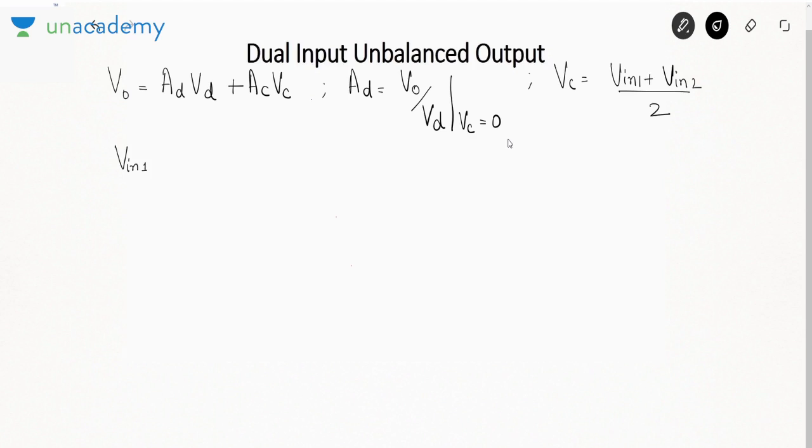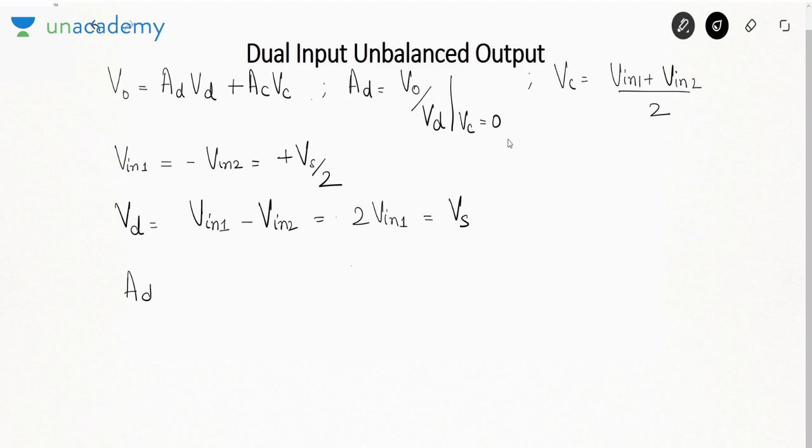This can be made equal to 0 if both are negative of each other, that is Vs by 2 each. Which means the differential voltage, Vin1 minus Vin2, is equal to 2 Vin1, equal to Vs. That means we can say that AD is equal to V0 by Vs, when both input voltages are negative of each other and equal to Vs by 2.